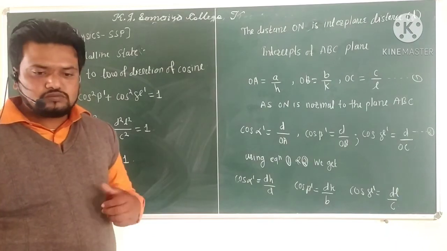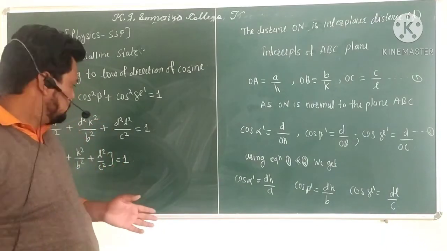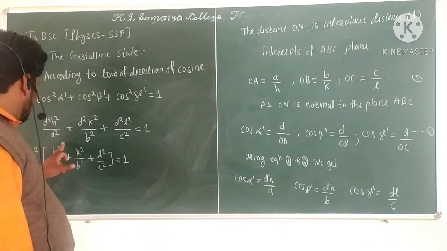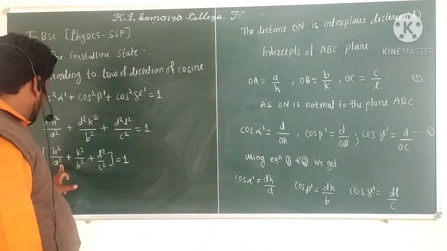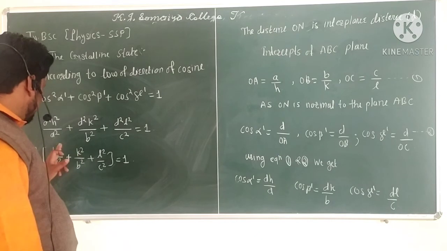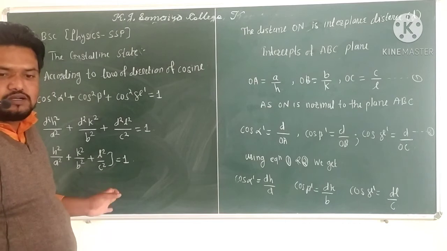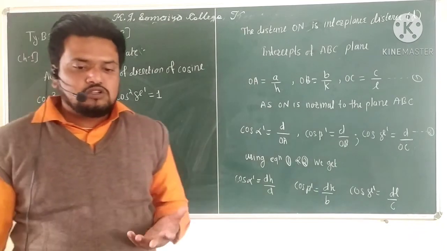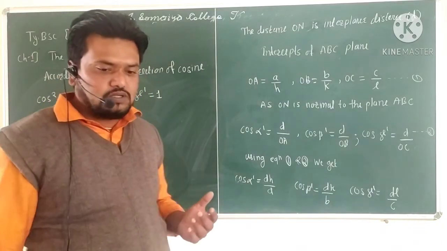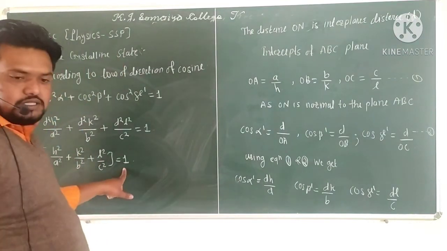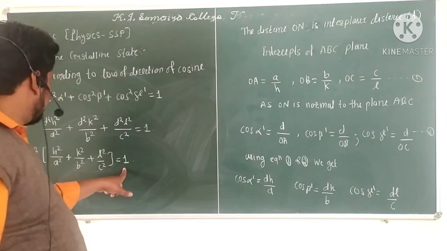So next, d square is equal to h square upon a square, k square upon b square, l square upon c square. So what we want to calculate here is d square from this RHS side.